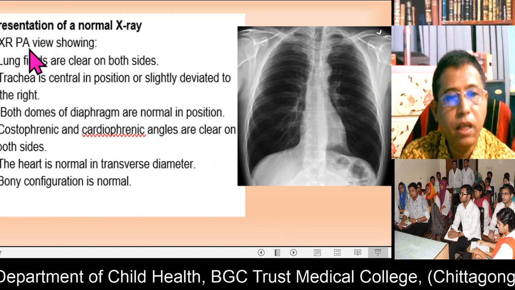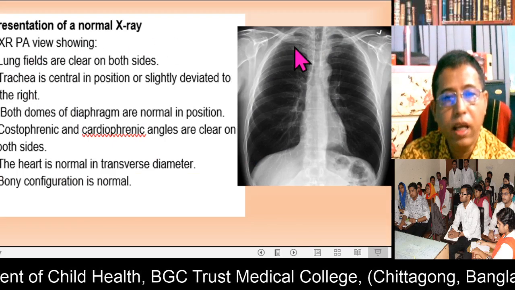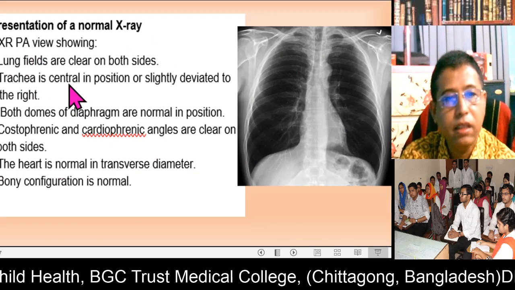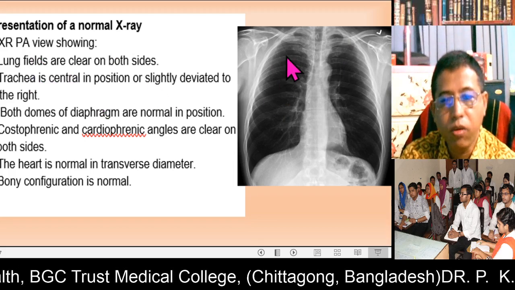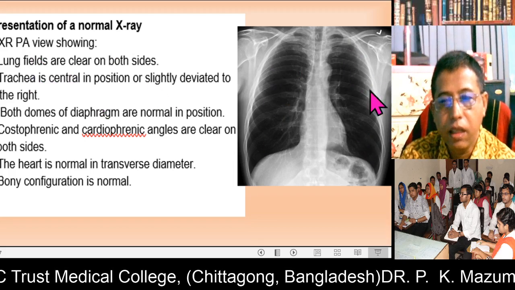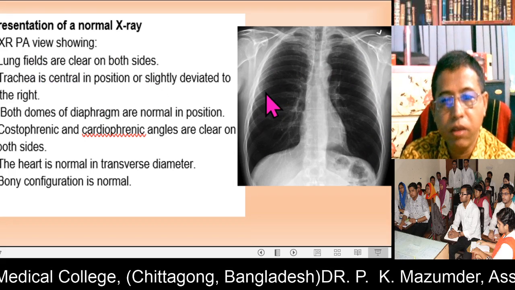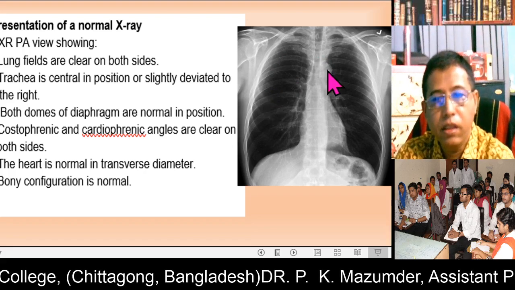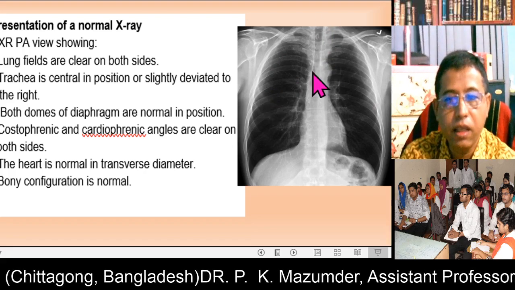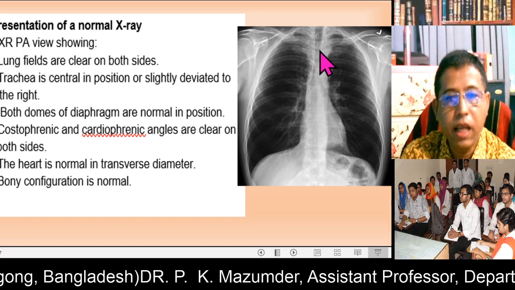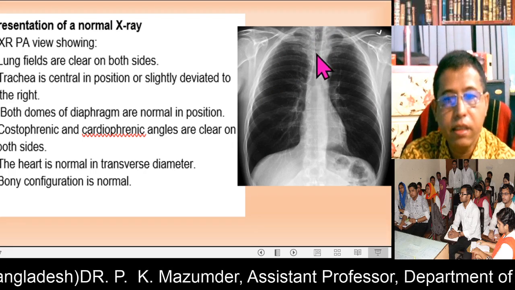Now the presentation of a normal chest X-ray. Lung fields are clear on both sides. Trachea is central in position or slightly deviated to the right.